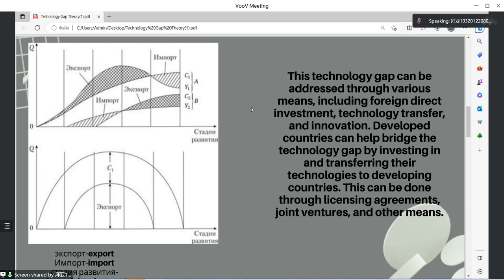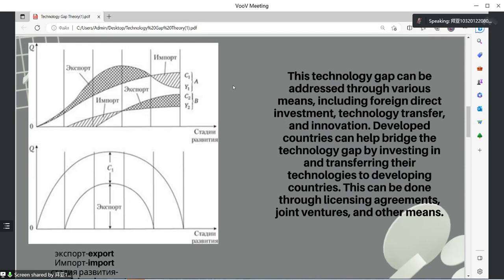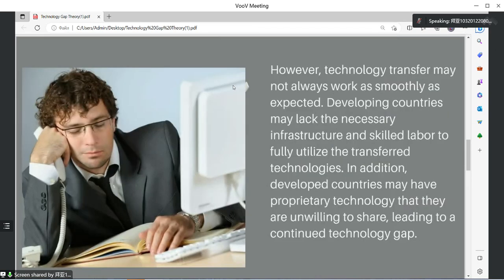Basically, it's the countries of the third world. In this graph, you can see, I'm sorry, I found some information in Russian language. This means exports, imports, import-export. We can see the export being high in other countries, and imports balanced.